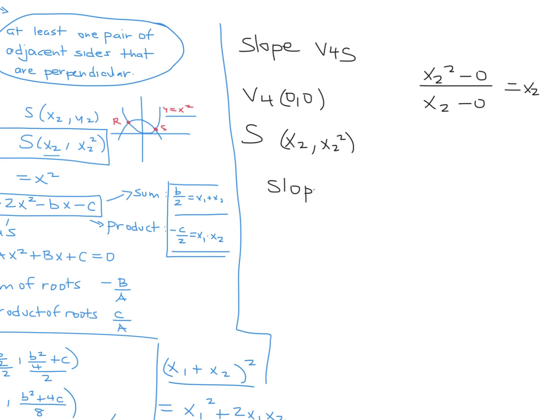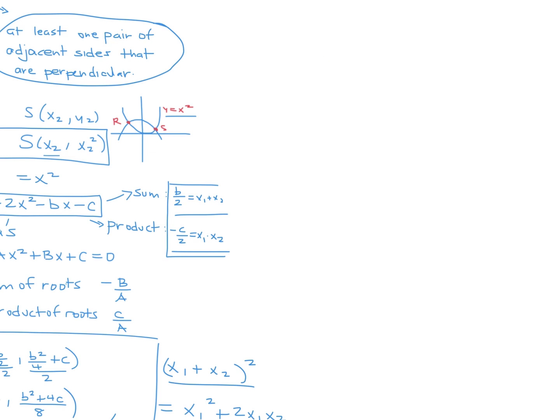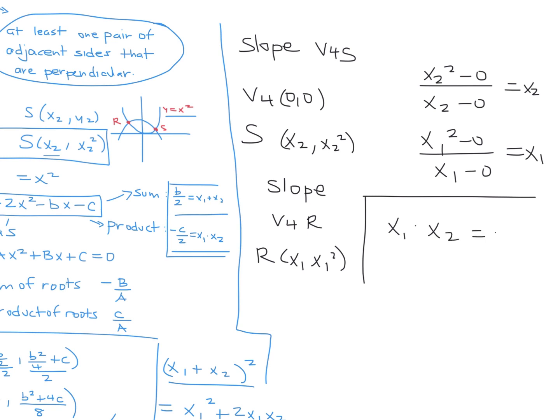And then the slope of V4R, where R was x1 squared, that's going to be same kind of story. x1 squared minus 0 over x1 minus 0. So that's just x1. Now, these two slopes, if they're indeed perpendicular, their product would be -1. So that means x1 times x2 would have to equal -1. Now, x1 times x2 is this guy. So that's minus c over 2. And therefore, c would be equal to 2. Okay, so that's my condition there.